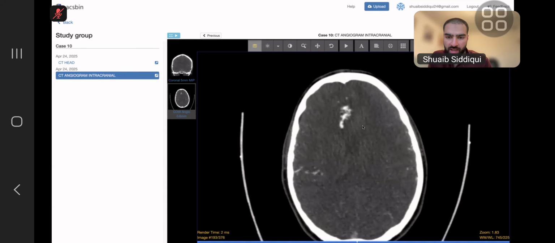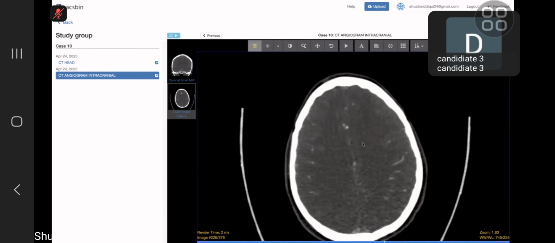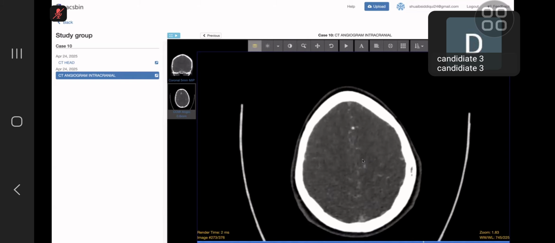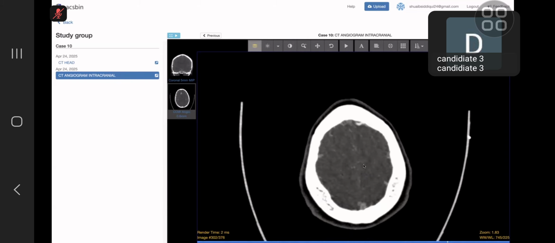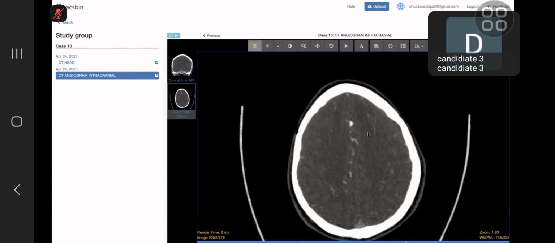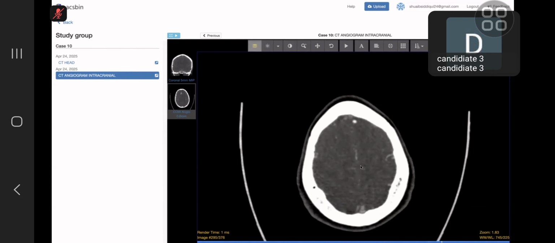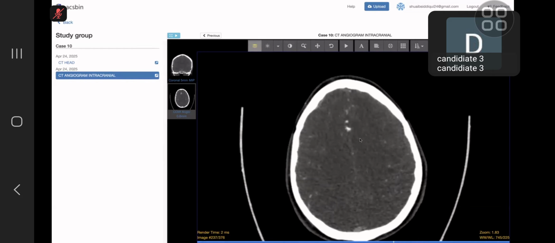I want you to stop there and scroll to the vertex of the skull. I can see that this vessel is reaching to the vertex, to the cortex. Yes, I saw it.